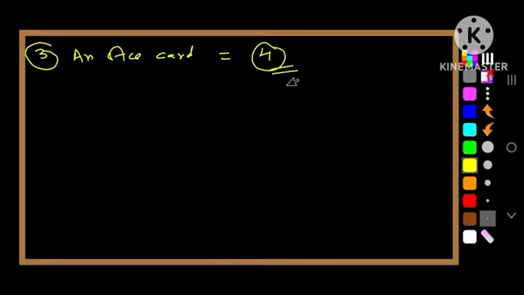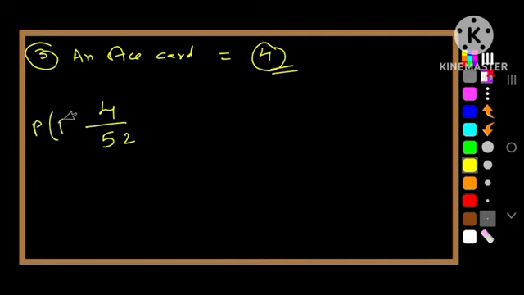So now let us see the third condition, that is of getting an ace card. If you see the number of ace cards present in a deck of cards, 4 ace cards are there. So this 4 will be our favorable outcome. So simply you have to write 4 by 52.